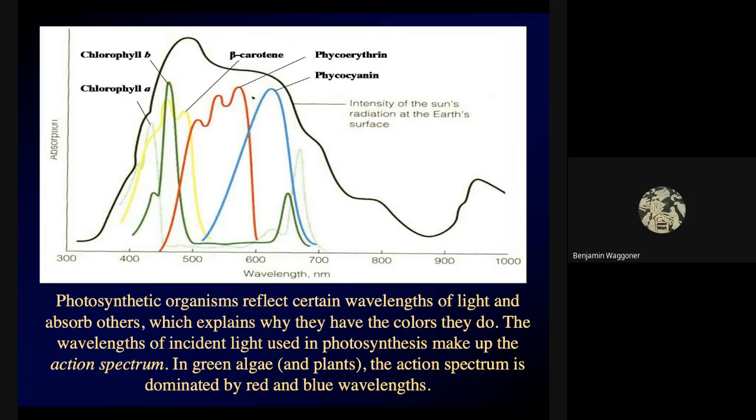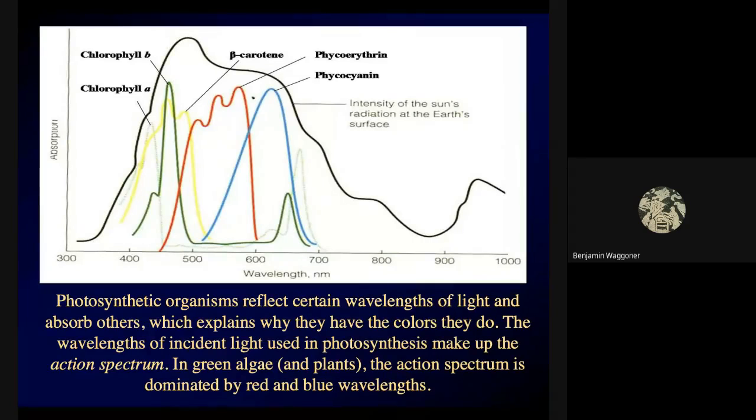So in green algae, green plants and green seaweeds look green because they're absorbing red and blue. Chlorophyll B, that's that green curve. You can see it's got an absorbance peak at about 470 nanometers and another one at about 650.